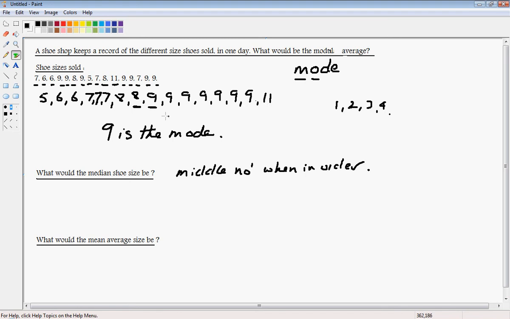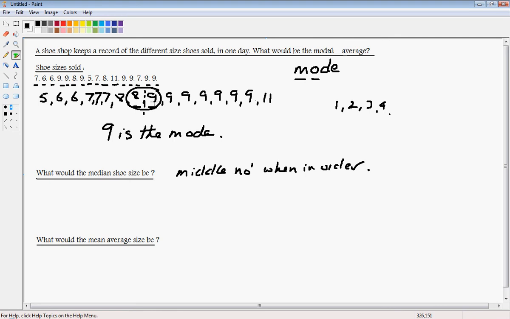If I count in with my fingers and cross off this one and this one, then this one and this one, and then this one and this one, I'll find I'll have 2 numbers in the middle. Okay, so I don't have 1 number in the middle, I have 2. So the middle number would actually be in here.